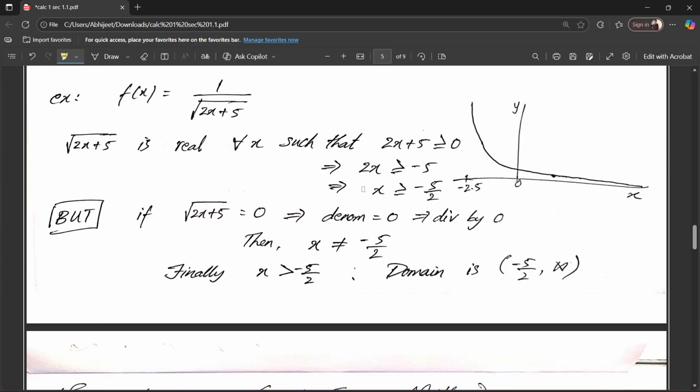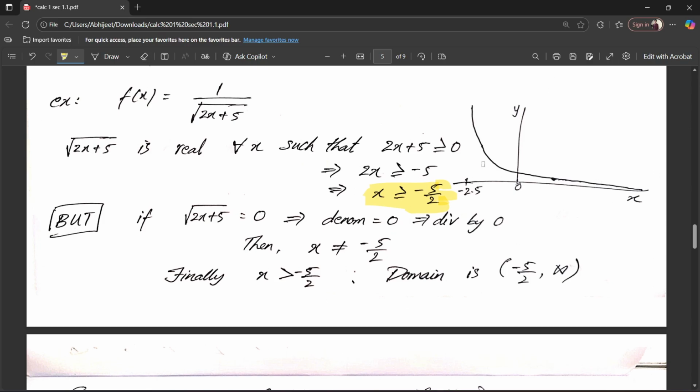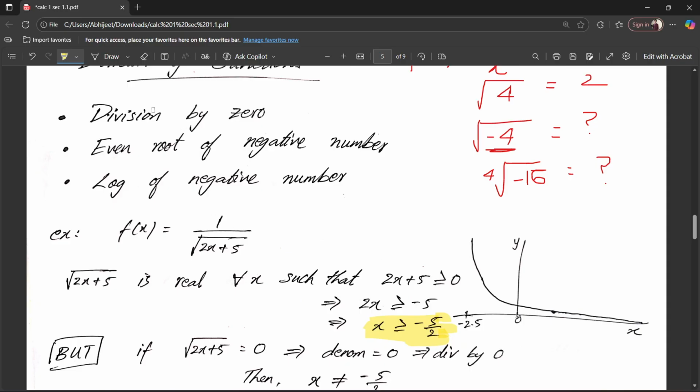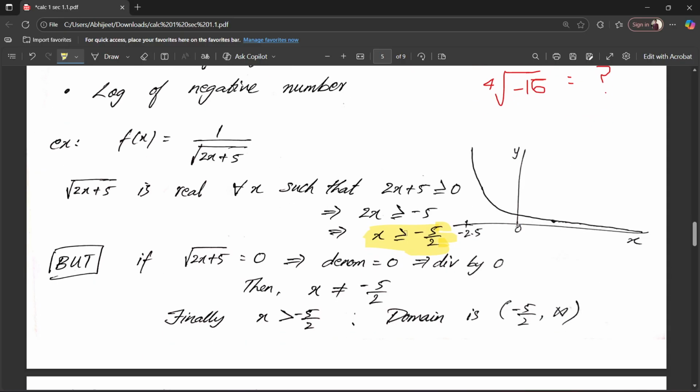So, okay, we got this. The first restriction tells you x has to be greater than or equal to minus 5 over 2. Cool. Now let's look at division by 0, because x can be greater than or equal to minus 5 over 2, but if x is equal to minus 5 over 2, this thing is 0, meaning the denominator is 0, meaning you're dividing something by 0, which can't happen, meaning x cannot be minus 5 over 2.